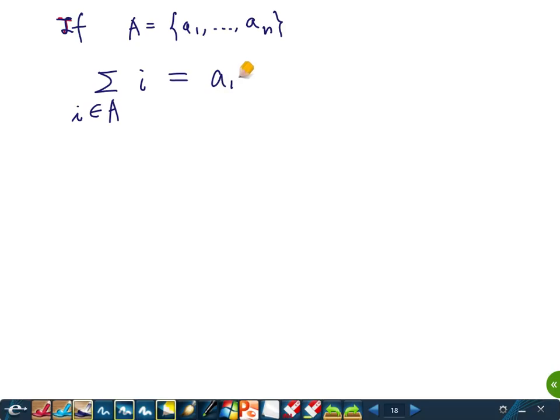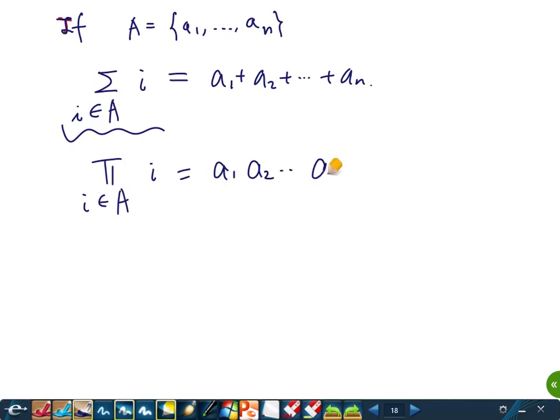So this is a1 plus a2 plus ... an, right? So it's simpler if you know this sum. This is also very common notation. And also, of course, the product over i in A of i is a product of the elements. Of course, they all mean the same thing. The product i from 1 to n of a_i is the same. Sometimes this can be more useful, simpler.